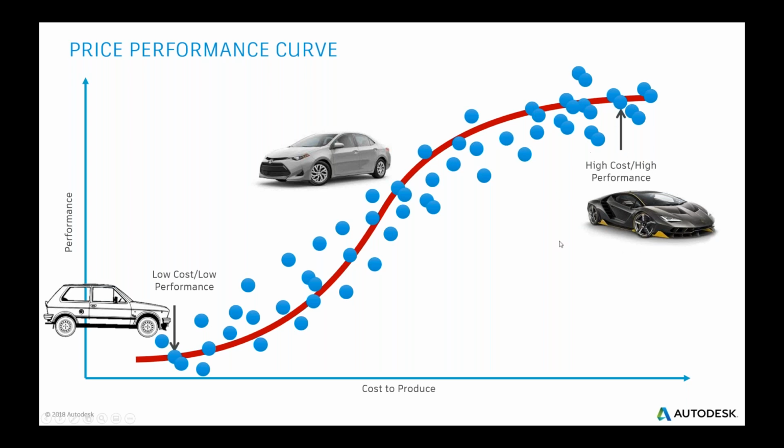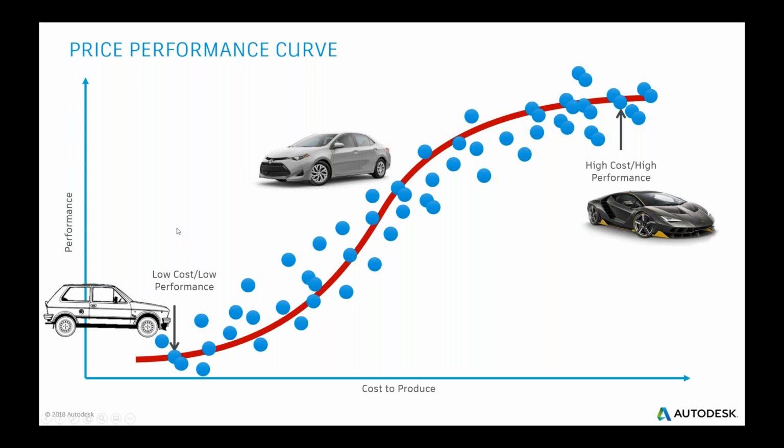Certain manufacturers focus on one end of the spectrum, and other manufacturers are elsewhere along this price performance curve. So when you are coming to market with your product, you can decide where you want to be. Certainly this is quite complex with a vehicle, making those decisions and all the components that go into that vehicle.